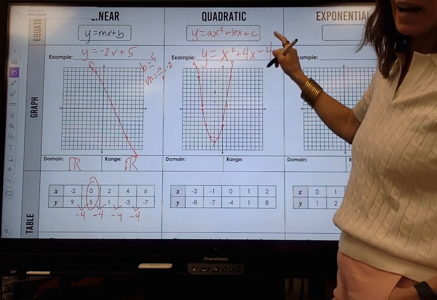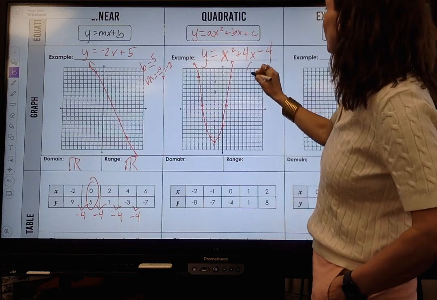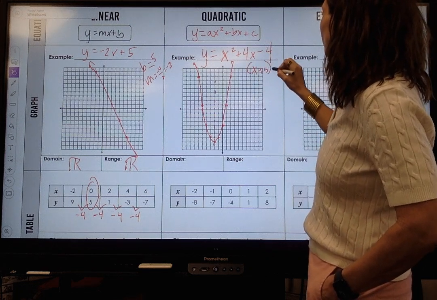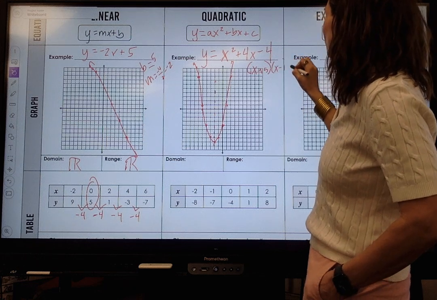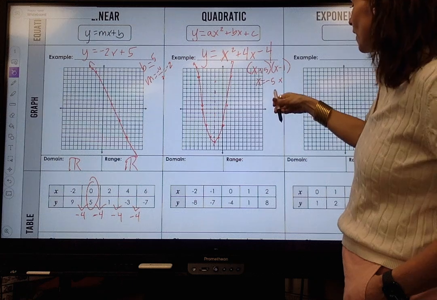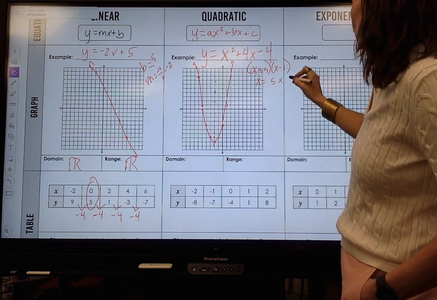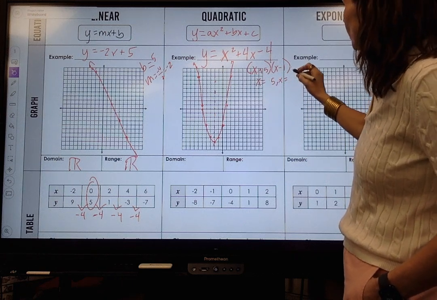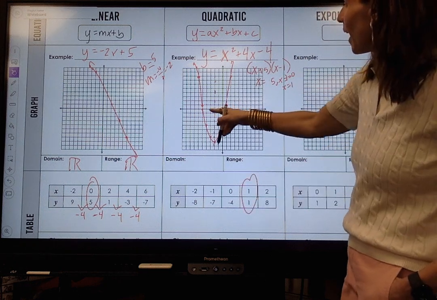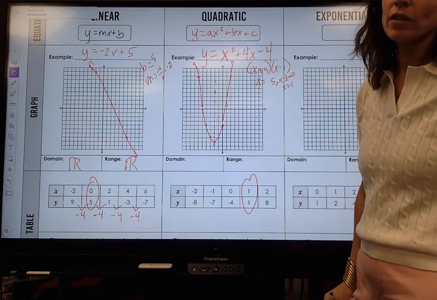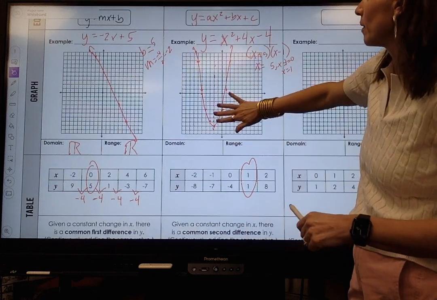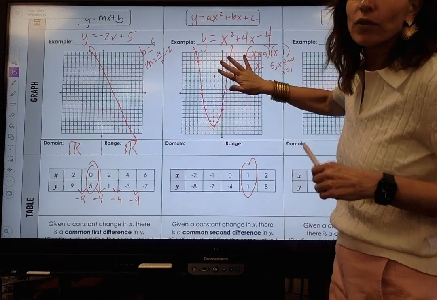And the reason I know that's the equation is because if I factored that, I would get x minus 5 and x minus 1. Then when we factored it, I know it crosses the x-axis at 5, and I know it crosses it at 1. x minus 1 equals 0, so x equals 1. And so I know that that's what my equation is going to look like.